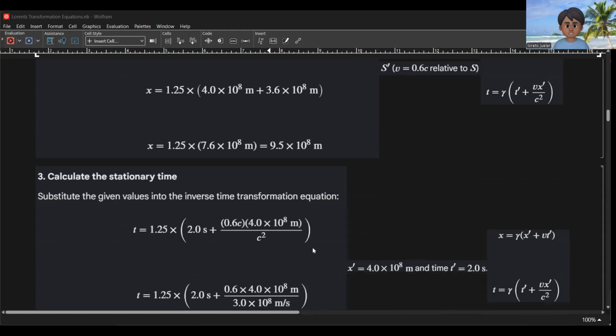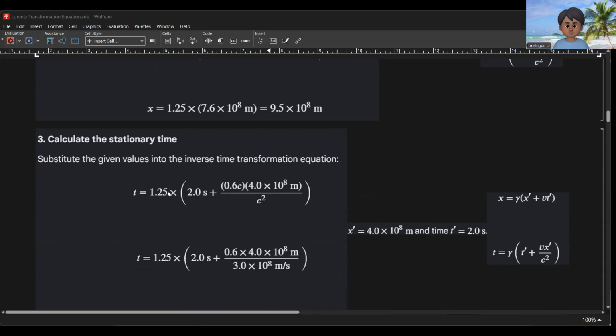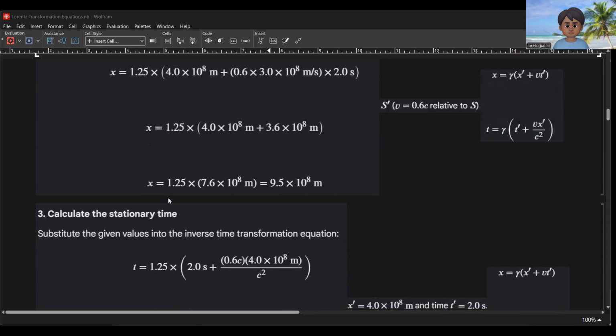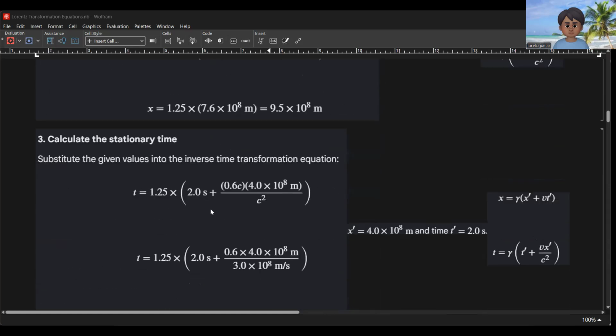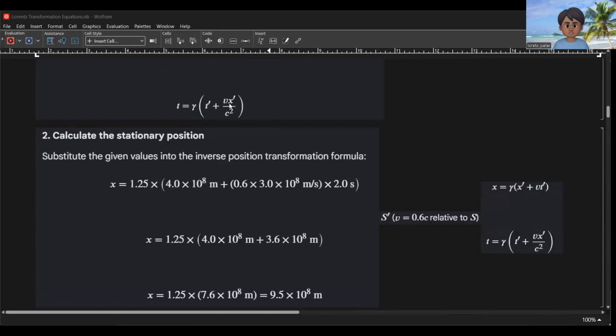So calculate the stationary time. Substitute the given values into the inverse time transformation. By using this formula and substituting the given values, with the Lorentz factor 1.25, this is the formula that we are going to use.